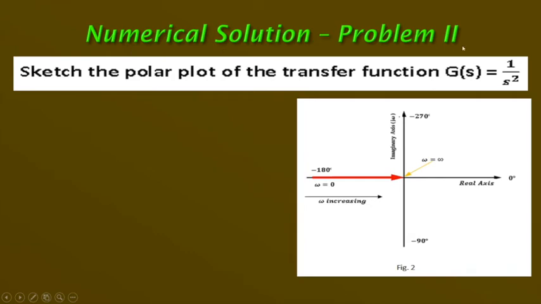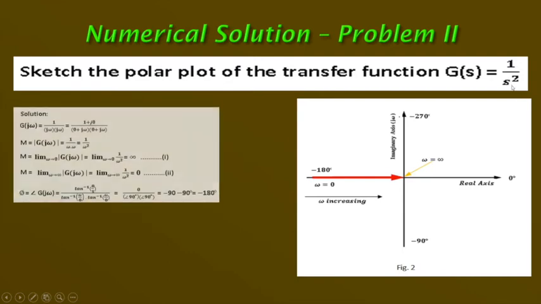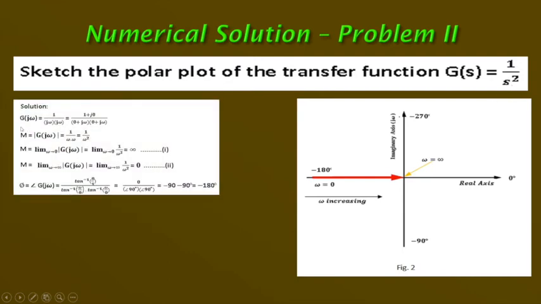Numerical solution problem 2. Sketch the polar plot of the transfer function G(s) equal to 1 by s square. Put s equal to j omega. Then 1 by j omega into j omega, equal to (1 plus j0) divided by (0 plus j omega) into (0 plus j omega).